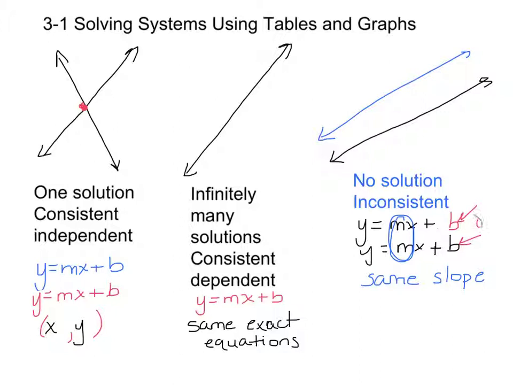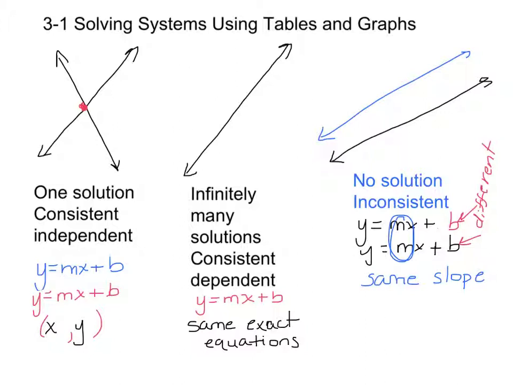So these will be different. Okay? So that's how you can just look at the equations and tell or classify the system. So they'll either be totally different equations, same exact equation, or only the same slope but different y-intercepts.